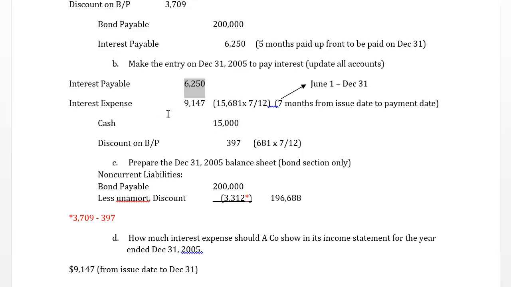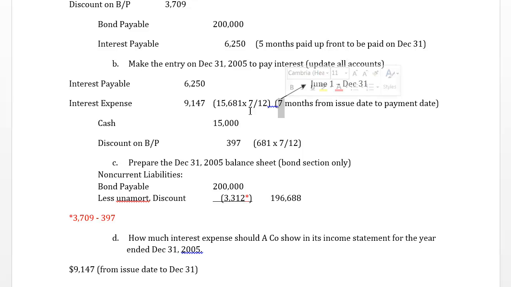Now what I'm going to do is record interest expense. But remember, I only want interest expense from the issue date. We can only record interest expense from the date the bond is issued and in the hands of investors to the end of the year. And in this case, I'm assuming it's December 31st, so it's 7 months. That's from the issue date of June the 1st to the interest payment date, December 31st.